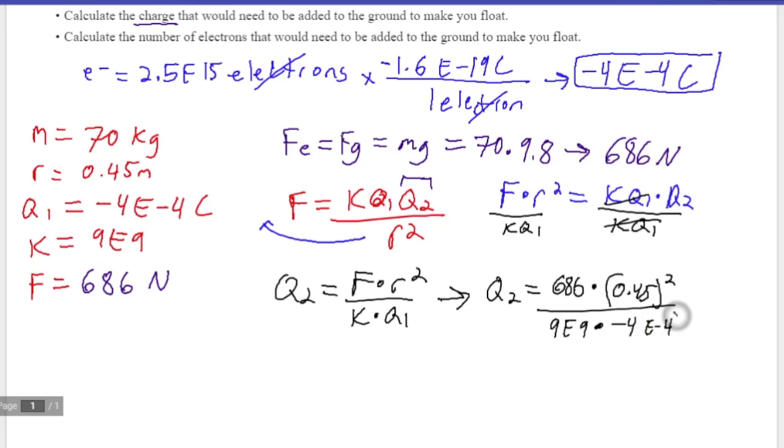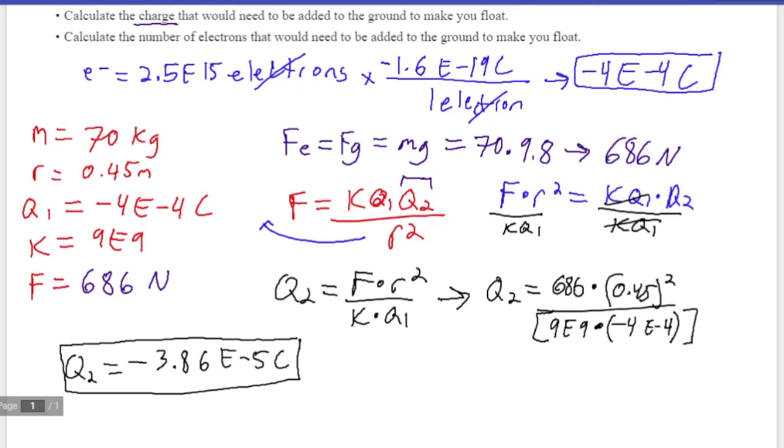I'm going to go ahead and add parentheses around all this stuff so I don't get confused, and some brackets. Once you solve for that, you should figure out that Q2 is equal to -3.86 e to the -5th coulombs.